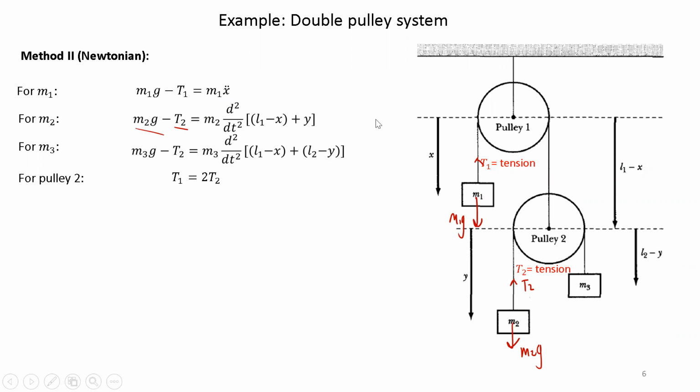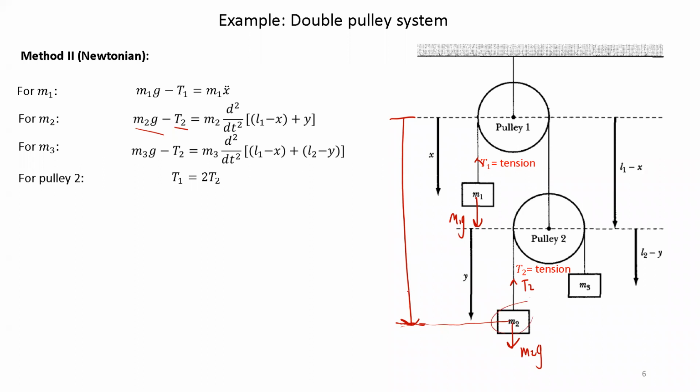Okay, so now we need to be careful. What is the actual acceleration of this M2? Again, we have to be the observer, which is also fixed with this pulley 1. So I should be using this one as the reference when I calculate the acceleration of M2.